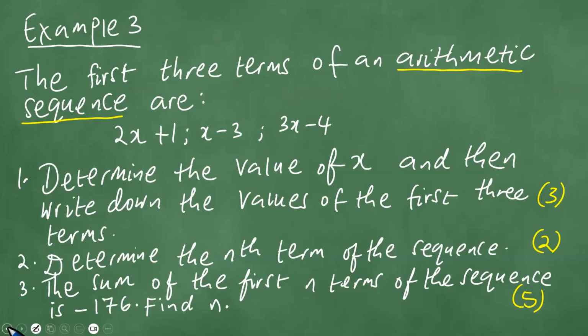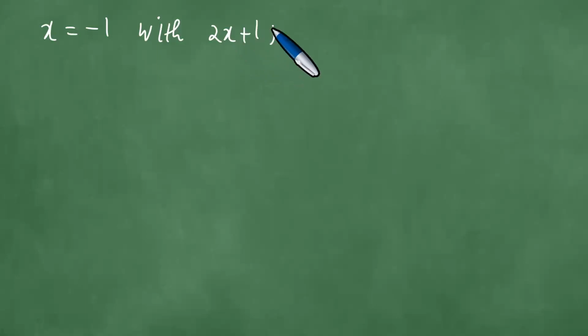Now look, they said determine the value of x, and we've already found x to be minus 1. And then write down the values of the first 3 terms. So x equals minus 1, with the sequence 2x plus 1, x minus 3, 3x minus 4, and so on.